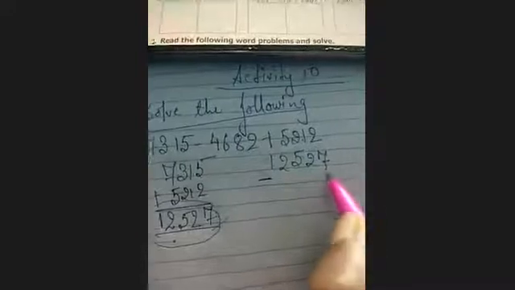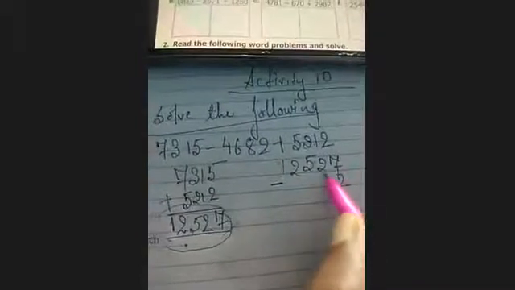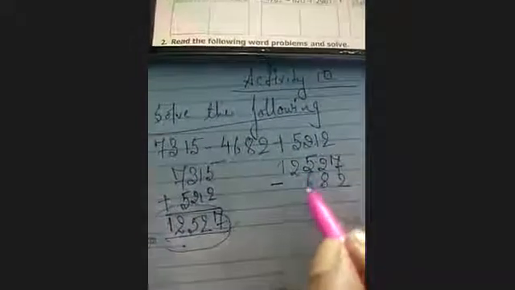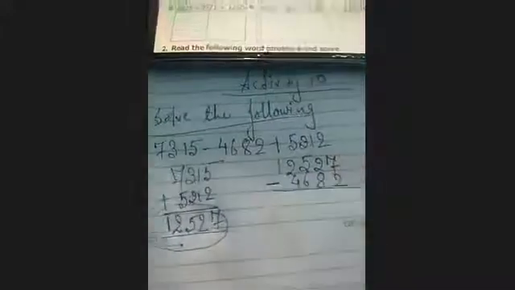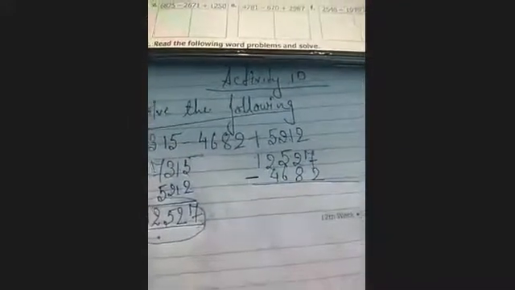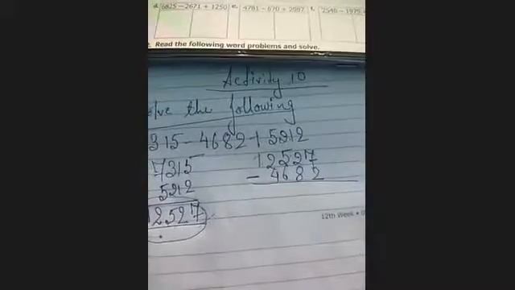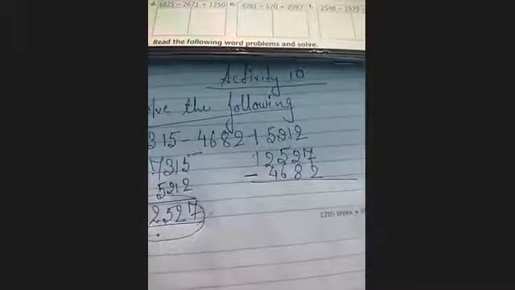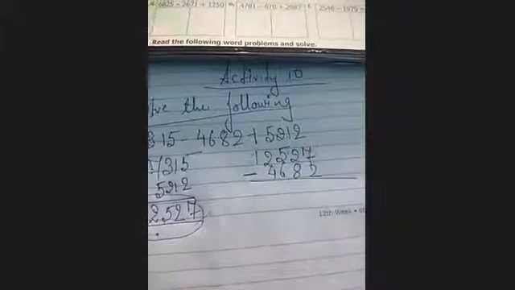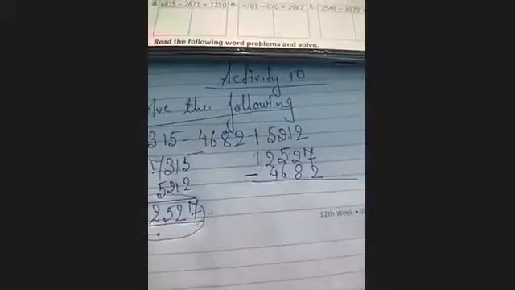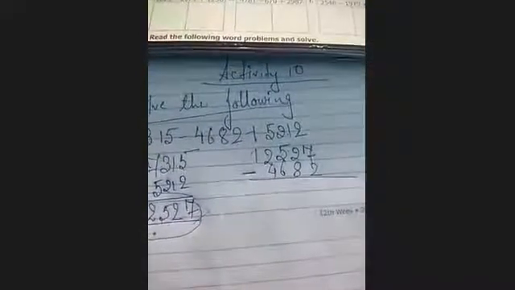So you will be starting from this side: 2, 8, 6, and 4, like this. Write down. All of you, please write down.